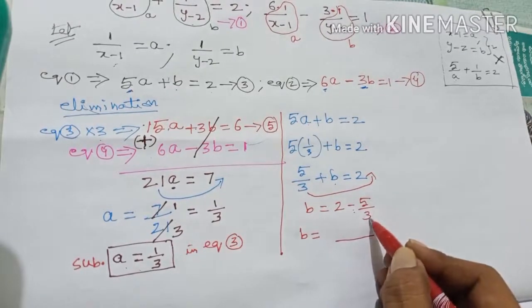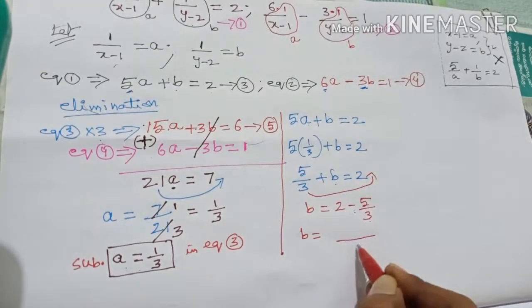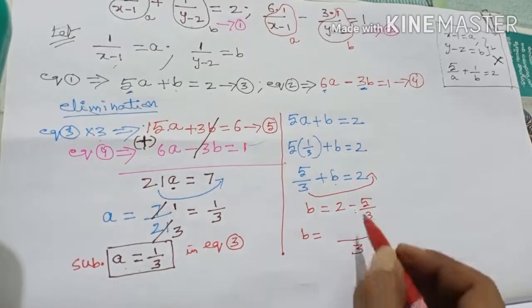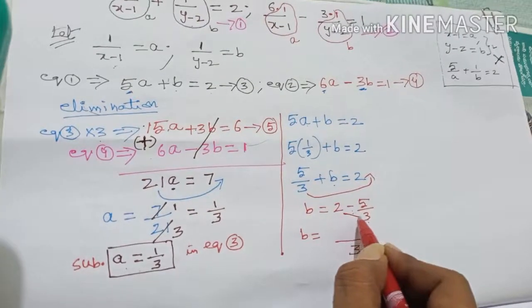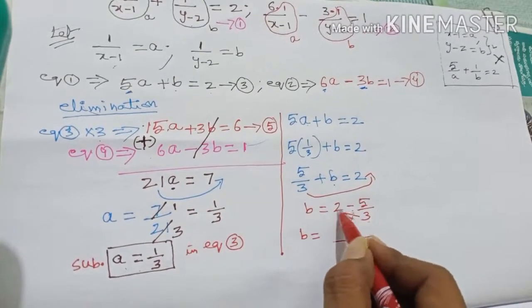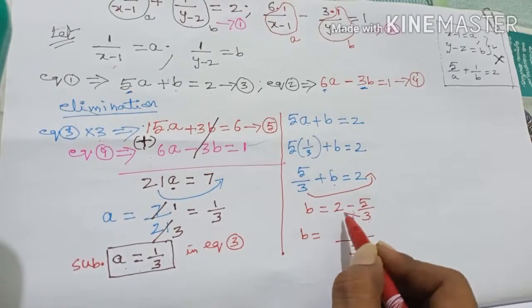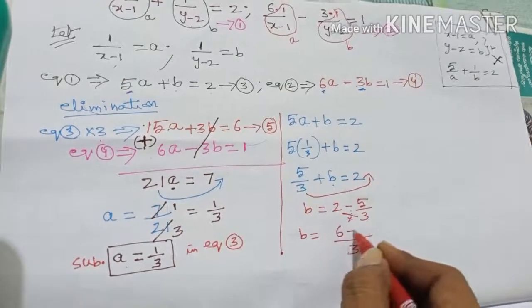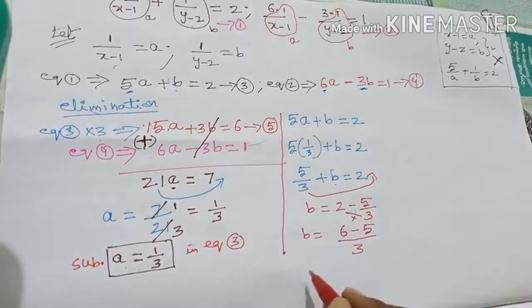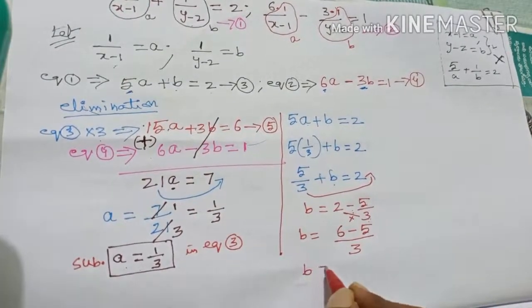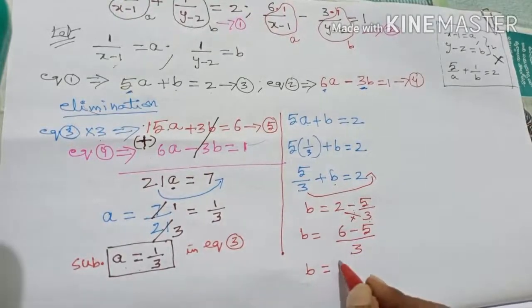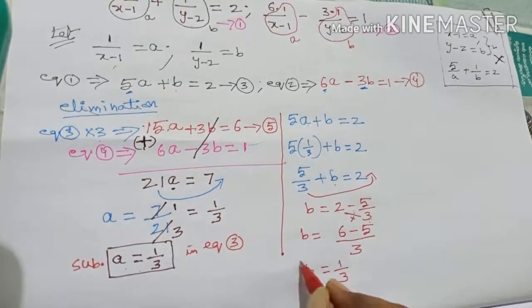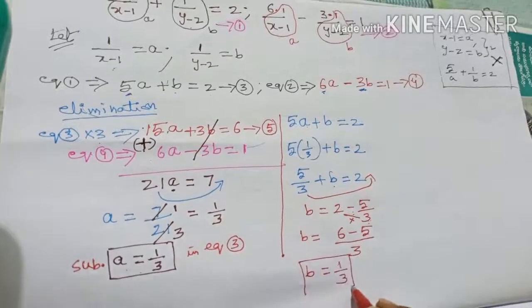Here the denominator of the fraction is 3. Therefore, the LCM is 3. Thereafter, the shortcut is you have to multiply these two numbers: 2 times 3 is nothing but 6, minus 5. Therefore, you have to calculate the value of b. 6 minus 5, 1 by 3. Here b is also 1 by 3.